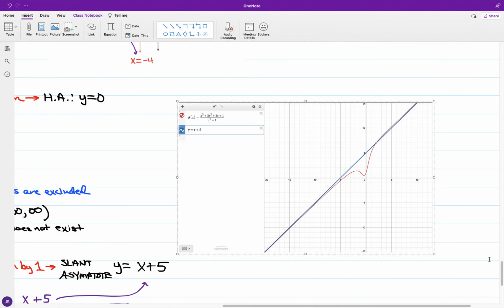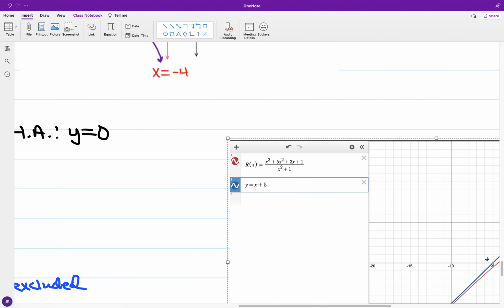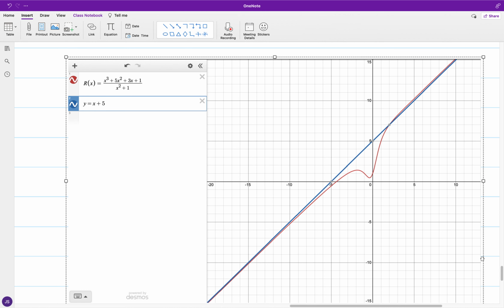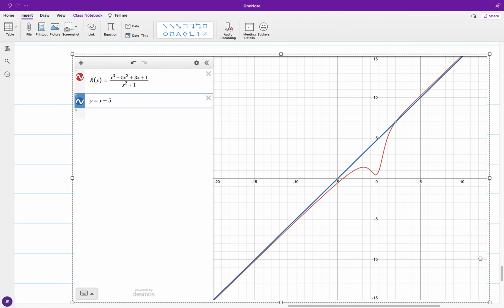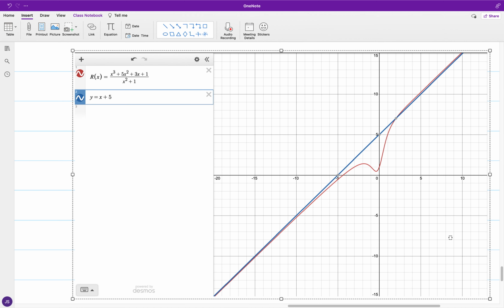Okay. So for this wave that we have in red, that is in correspondence to the rational function x cubed plus 5x squared plus 3x plus 1 over x squared plus 1, I got the slant asymptote. So you're not looking at totally horizontal or vertical. You have just kind of a sideways or oblique pattern.